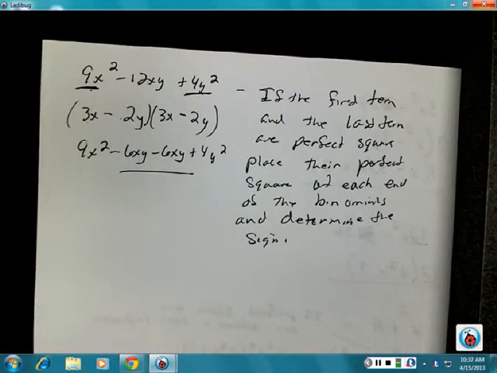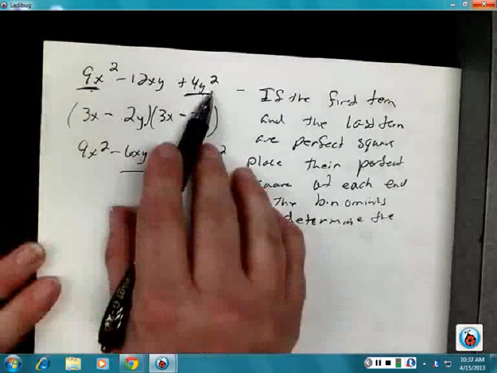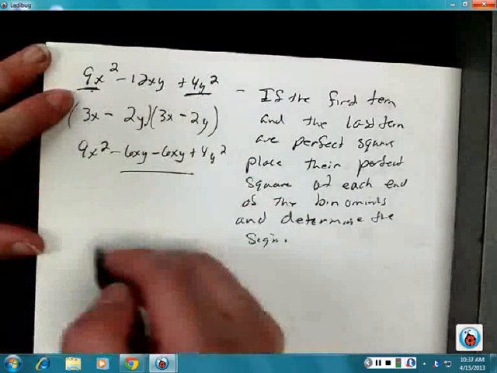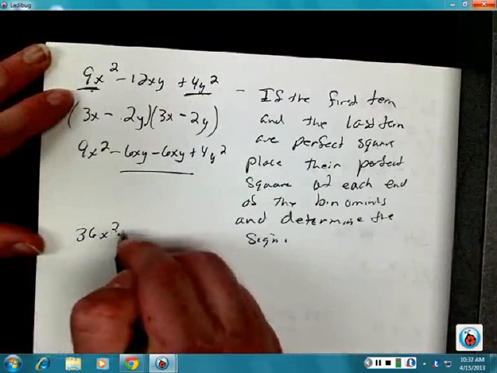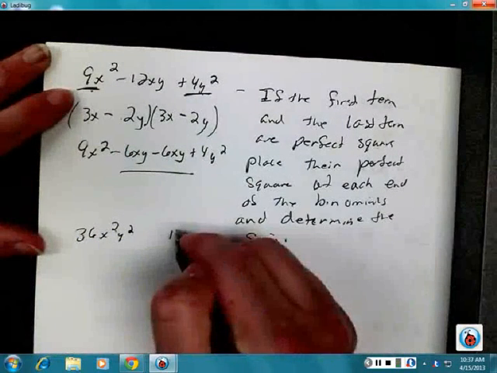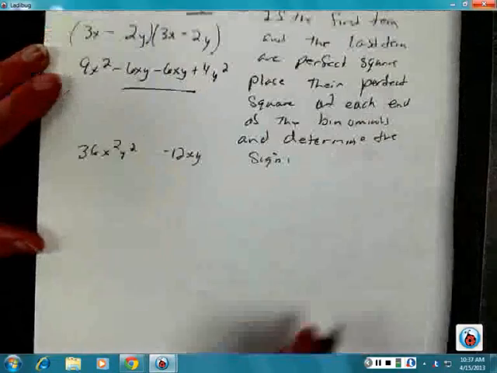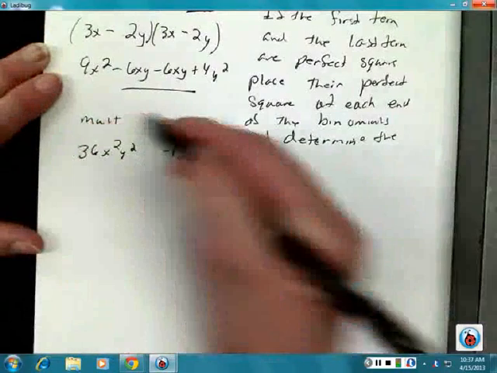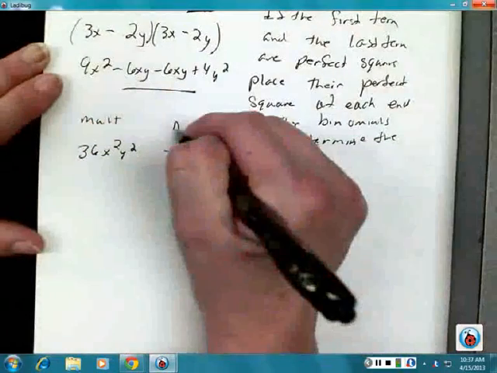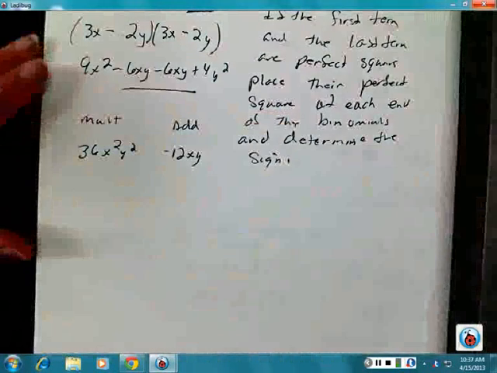If you don't happen to recognize perfect squares and you're in there factoring it and working through this, you can do it the other way. You can take 9 times 4 is 36, x squared y squared. And you know it has to multiply to give you 36, but it has to add to give me a negative 12.